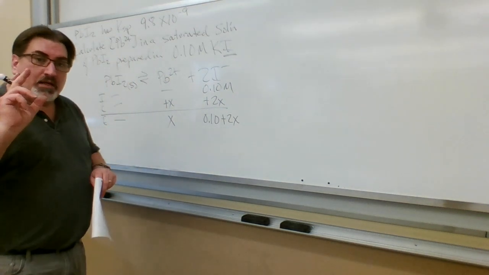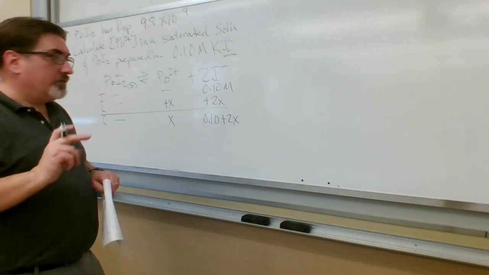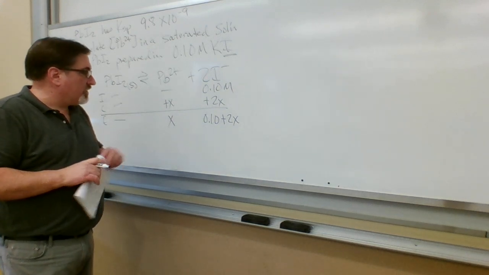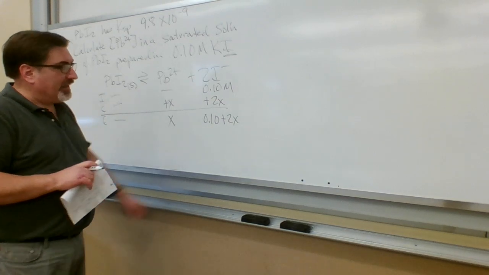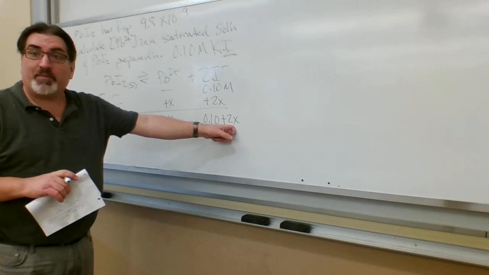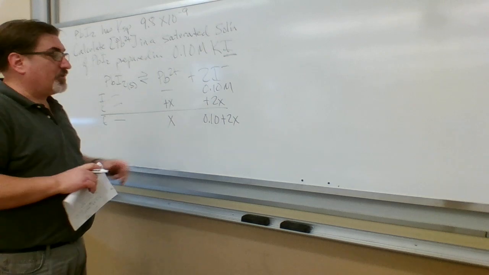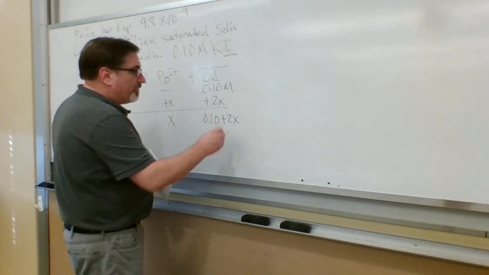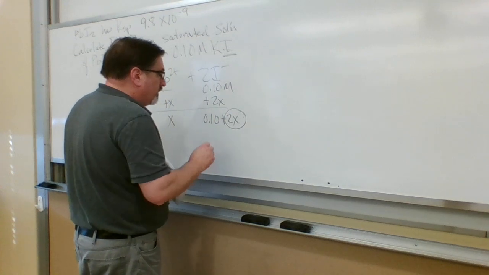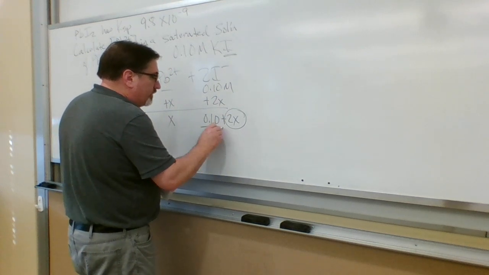Okay, now, if you're thinking what I'm thinking, when we get to this stage, we're going to have a messy equation when we plug in our algebra, if we can't drop this 2x like we did back in the acid chapter and back in the regular Kc chapter. So we do the same thing here. We compare this 2x that's associated with the 0.1.